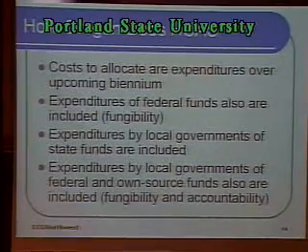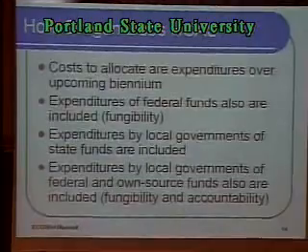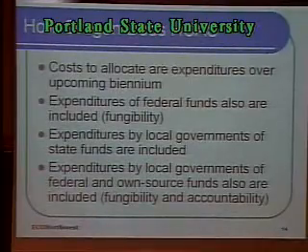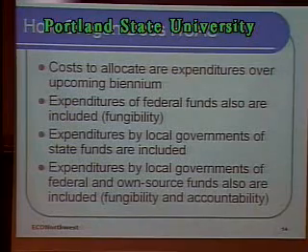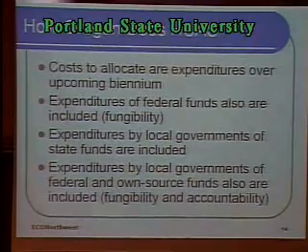Some of the decisions that Oregon has made and some of the approaches they take: the costs that are allocated are the expenditures over the upcoming biennium. So it's a 2-year period, and it's in the future from when the study is done.